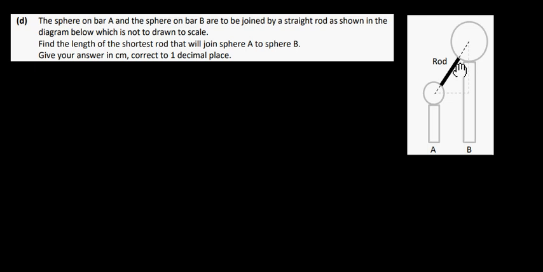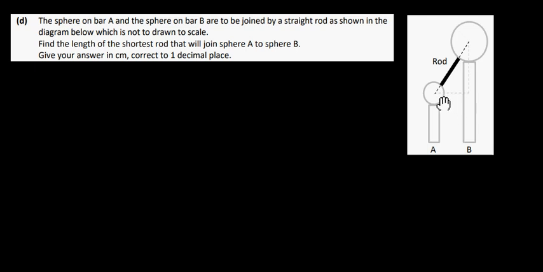Now, so we've got to find this length here, in other words. Now they've kind of given us a hint here because they've drawn a right angle triangle here. So I suspect what we're going to have to do here is use Pythagoras' theorem, or maybe sine cos tan, but I suspect because we're not given any angles in this question, it's going to be Pythagoras' theorem.